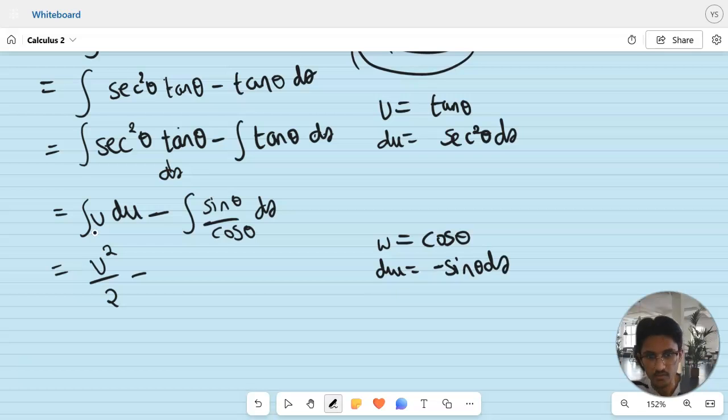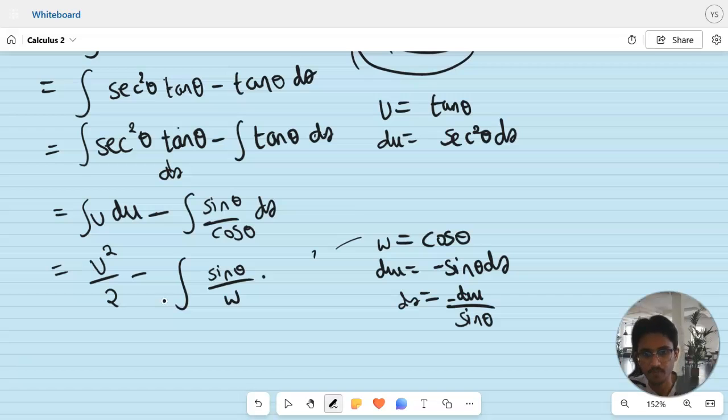What we could do now is do the u sub. Sub that in, so sine theta and w for that. For d theta, d theta is going to be equal to negative dw over sine theta.